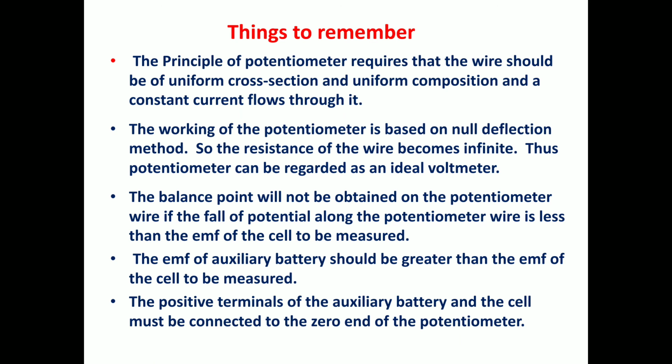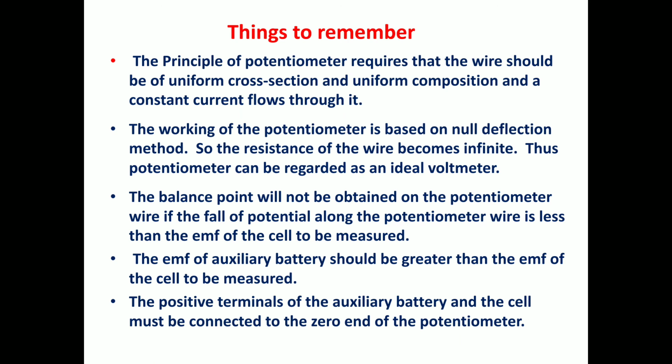Thus potentiometer can be regarded as an ideal voltmeter, because if the wire is offering infinite resistance, we can call it an ideal voltmeter. Then the balance point will not be obtained on the potentiometer wire if the fall of potential along the potentiometer wire is less than the EMF of the cell to be measured.